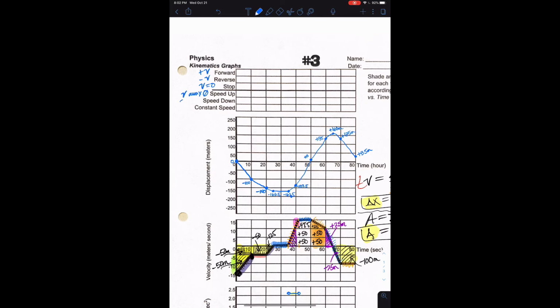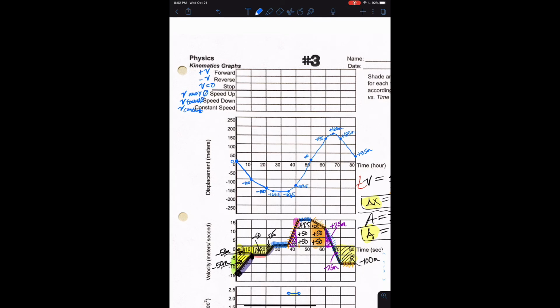When the velocity is towards 0, we are slowing down. And when our v is constant, we get constant speed.